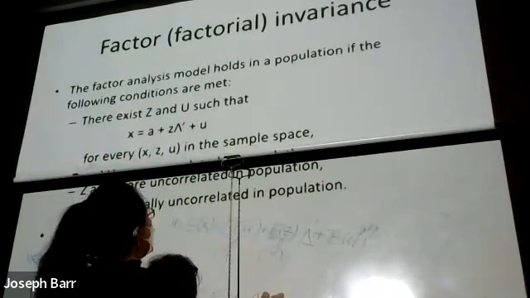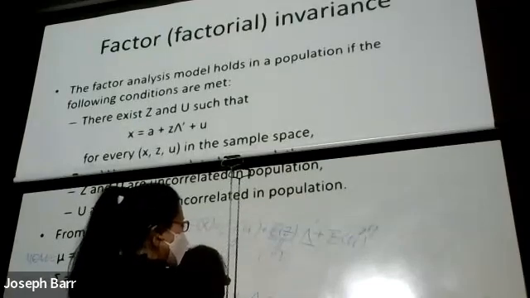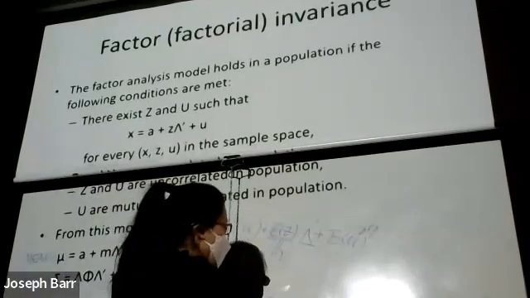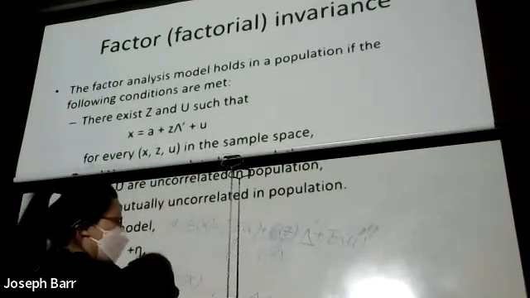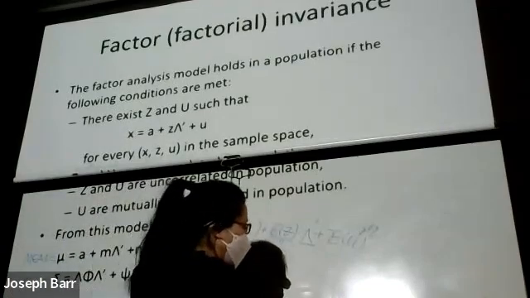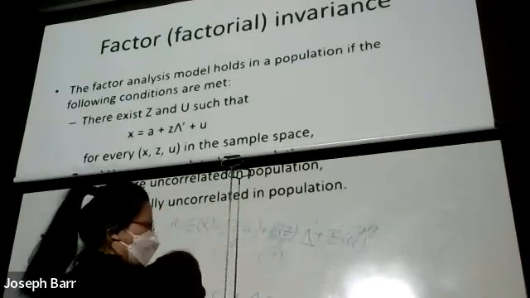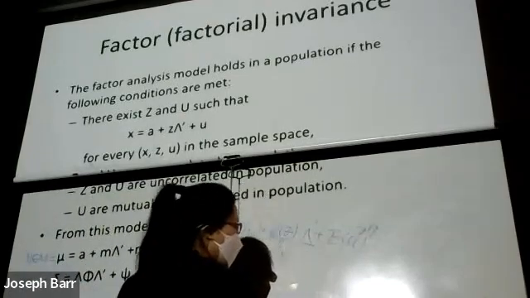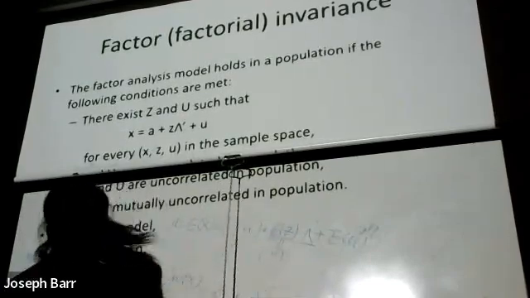We have lambda and the covariance of Z times lambda transpose. And also the covariance between Z and U. There's no covariance because Z and U are independent, so this part is 0. And then we assume the covariance of Z is phi.